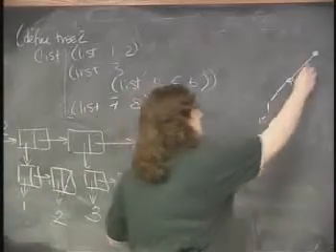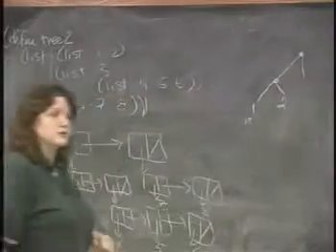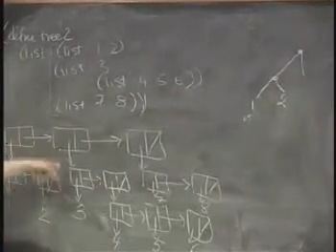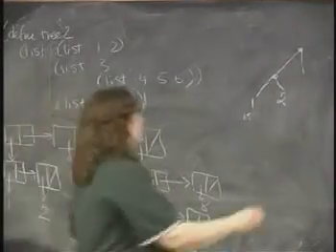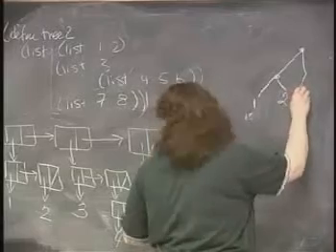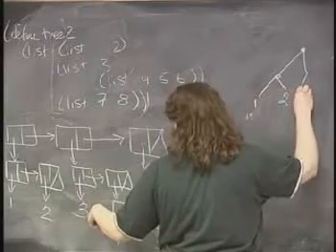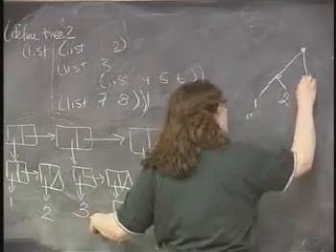Then we have, this is not a binary tree, it's just a tree. The second branch is a list of, there's just 3 rather.